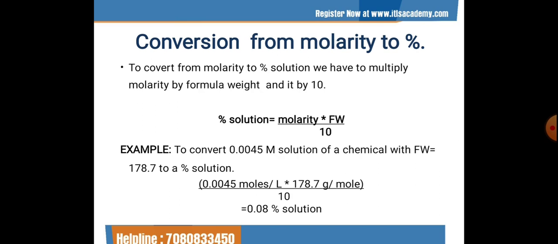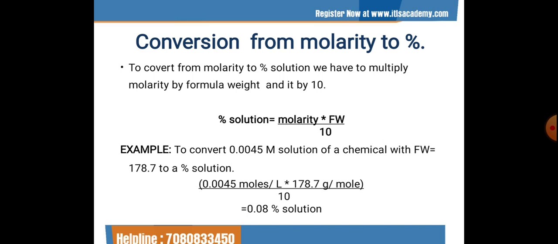Next is the conversion from molarity to percent. In the previous one we converted from percent to molarity, and by reversing the formula, we get the conversion from molarity to percent. To convert from molarity to percent solution, we have to multiply molarity by formula weight or molecular weight and divide it by 10. The percent solution equals molarity into formula weight divided by 10.